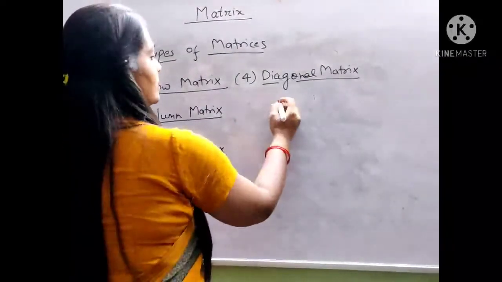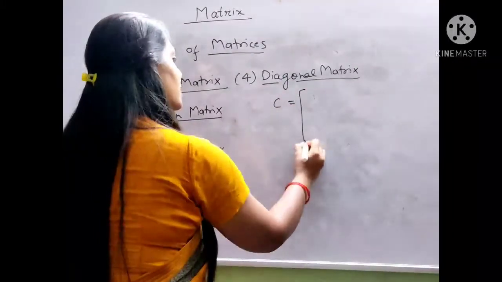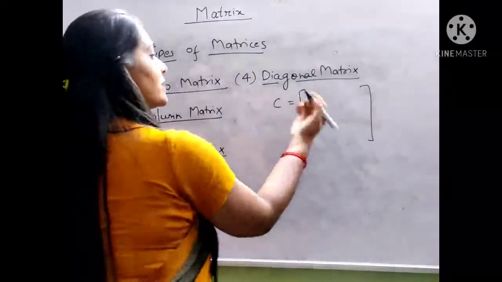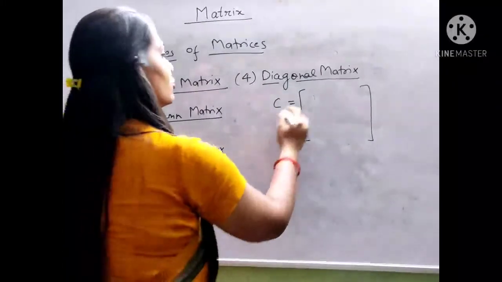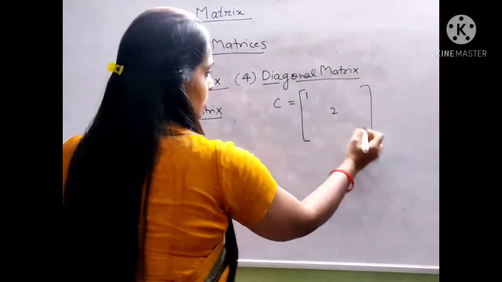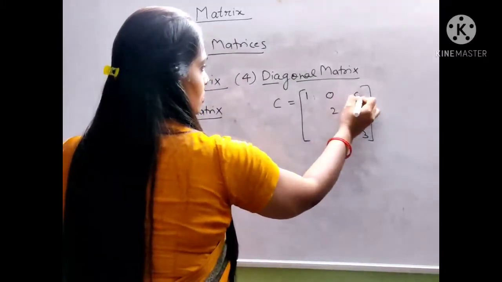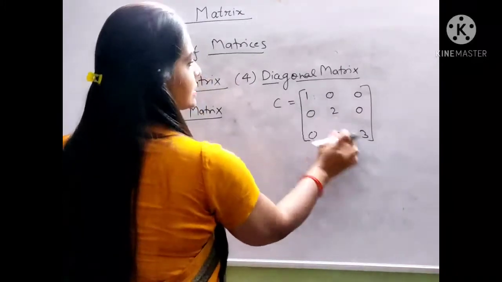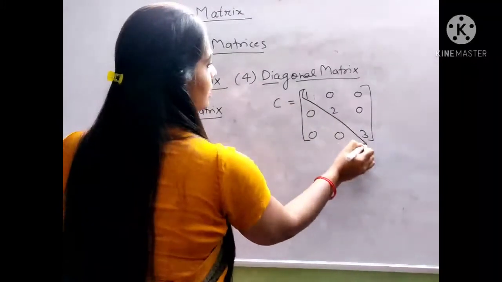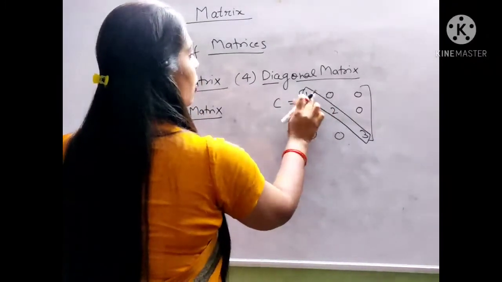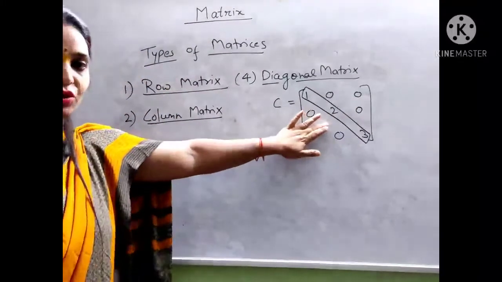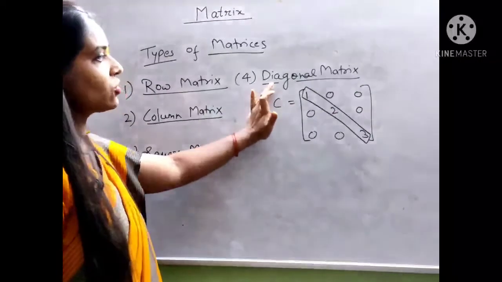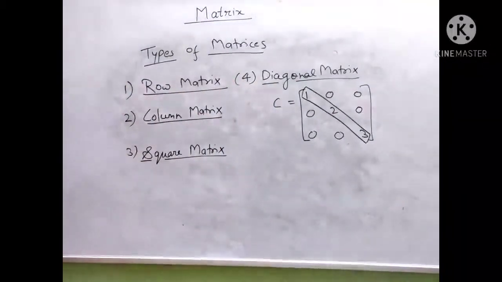So how do we understand? By a simple example. So this is called the diagonal. The rest of the elements except the diagonal should be 0. All the diagonal elements are present over here and the rest of the elements are 0. Then this type of matrix is called a diagonal matrix.